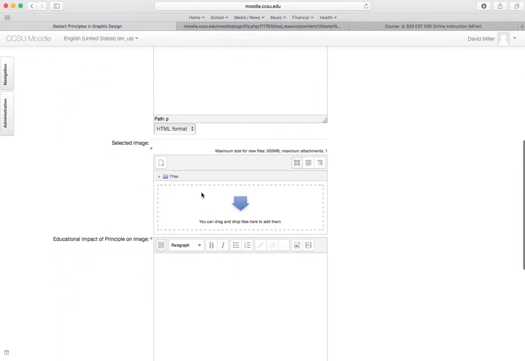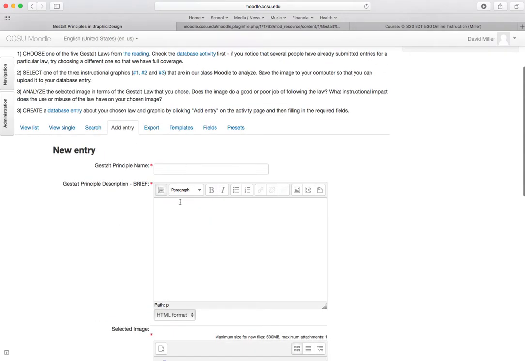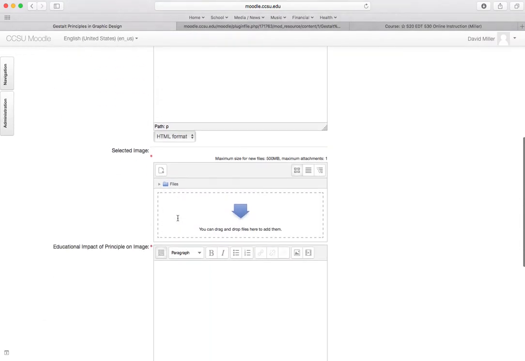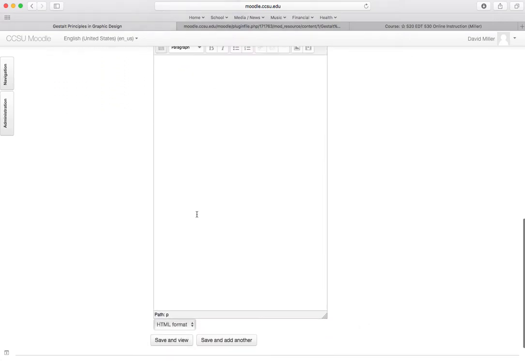Then I want you to insert the image you chose so that that's right here in the database entry. And then a couple of sentences about how the use or misuse of that particular law or principle impacted your understanding of the image. So a title, a brief description, the image itself, and then a reflection on how the law applied to the image you chose.